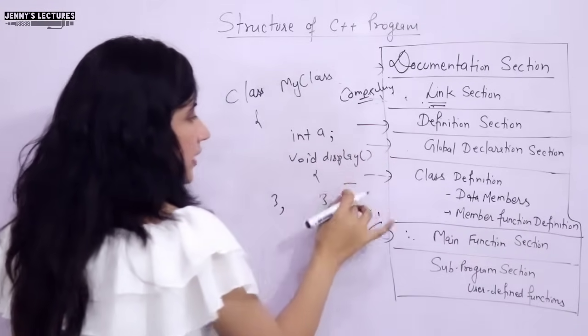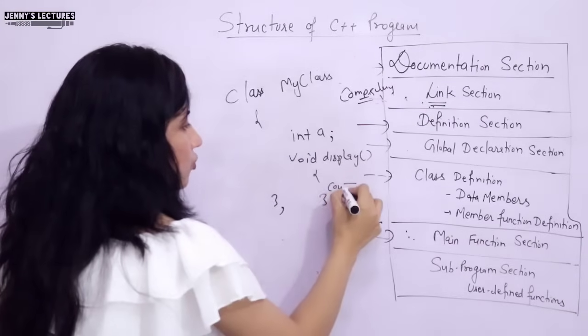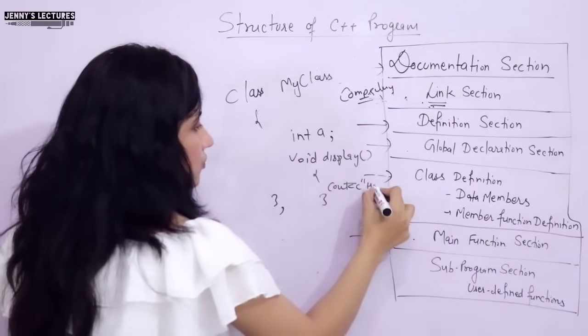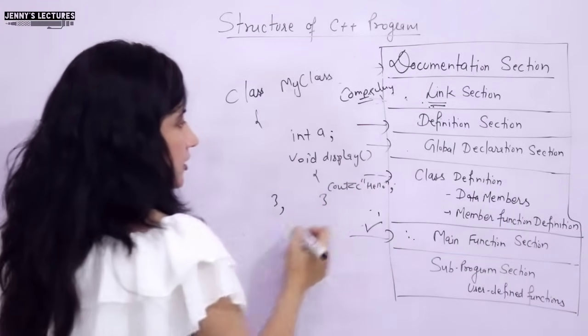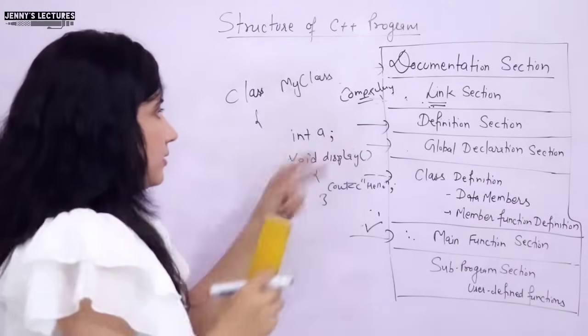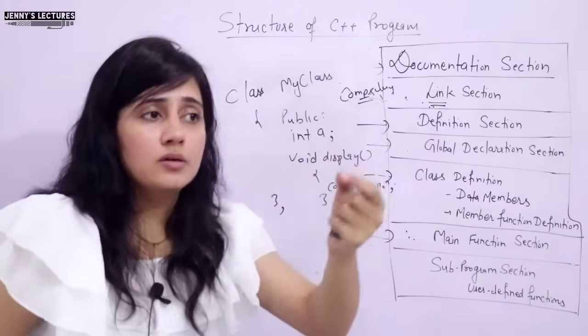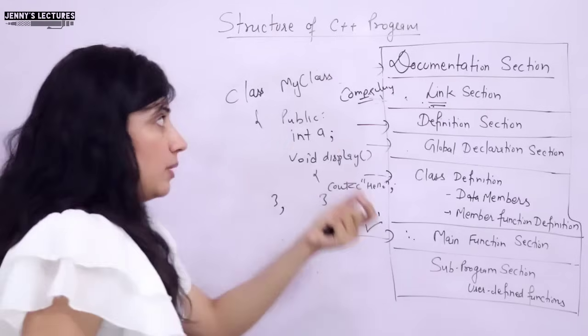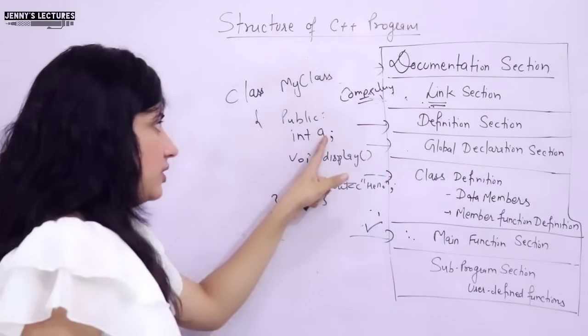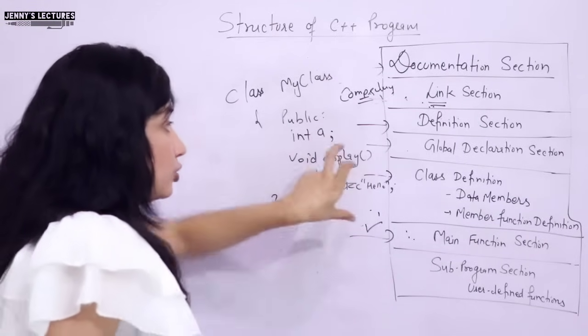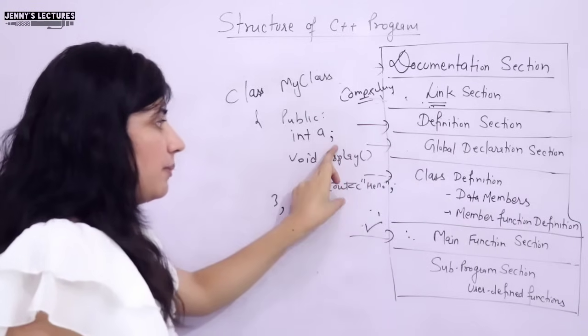Here only you will define this thing, like cout hello, that's it, right. You need to specify a specifier here, private, protected or public. Public means everybody can use these things, the variable and the function. So here we have the data members and the member function definition.